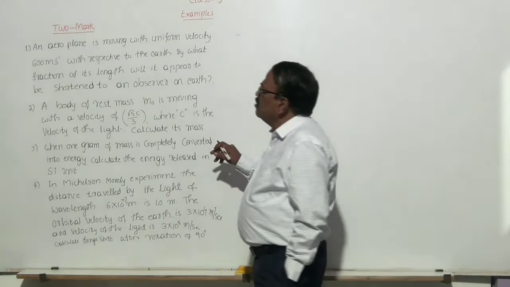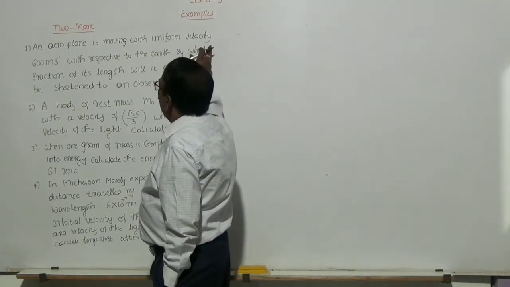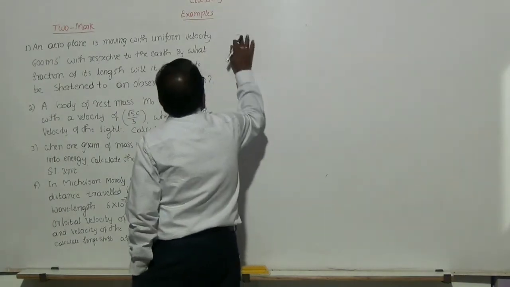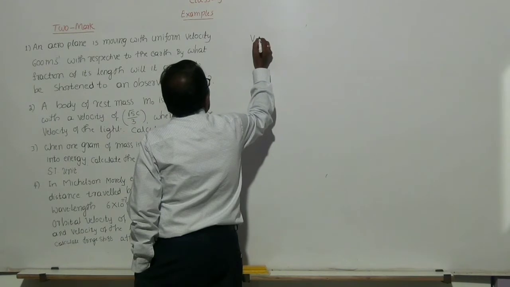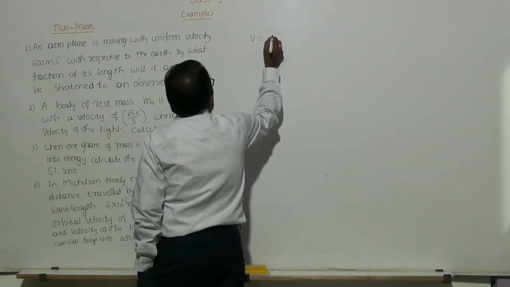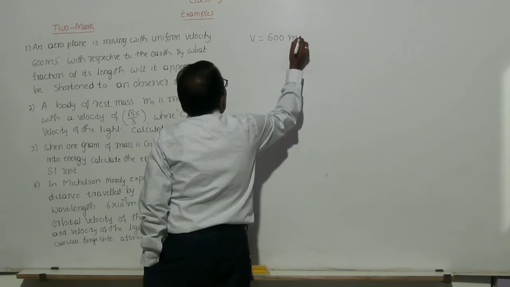See, your first example is an aeroplane is moving with uniform velocity, means v is given, of 600 meter per second.